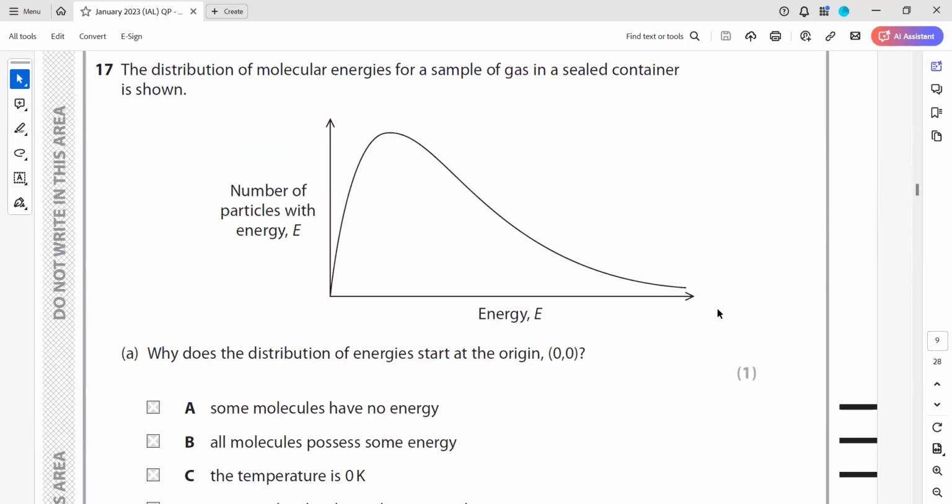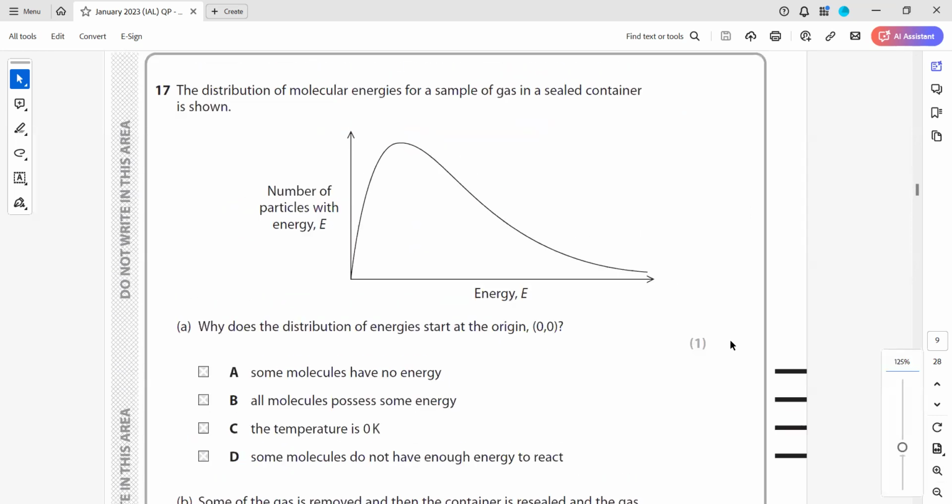Question 17, the distribution of energy for a sample of a gas is shown. Why does the distribution start at the origin? So there is no particle with zero energy.